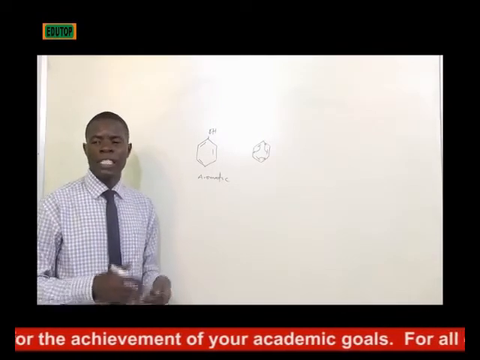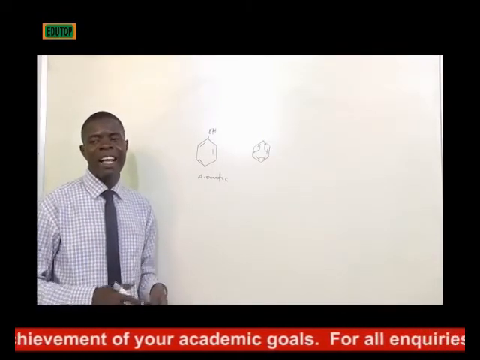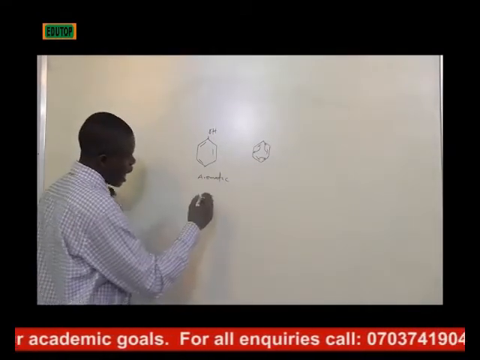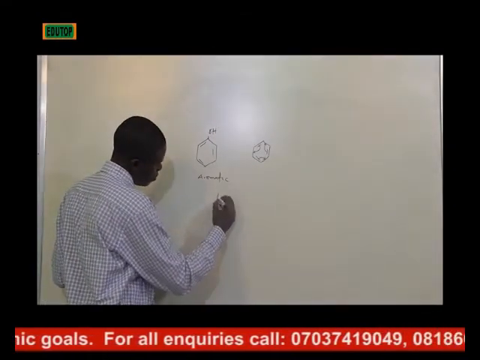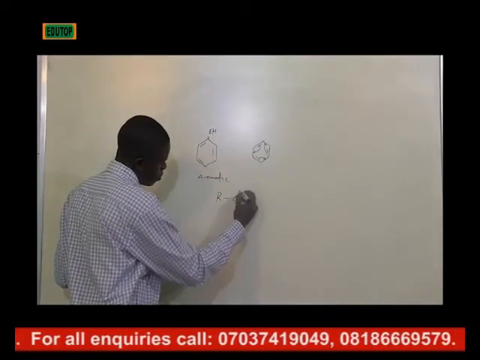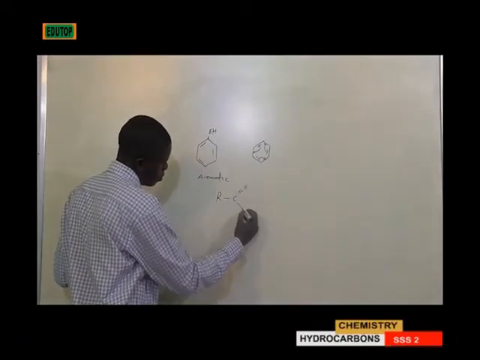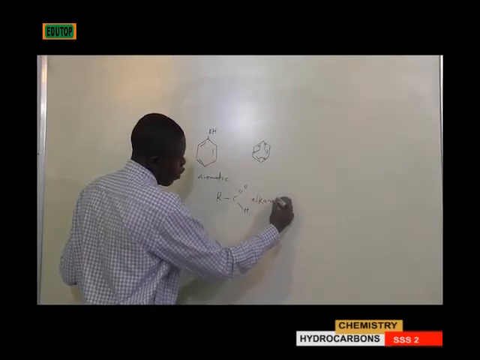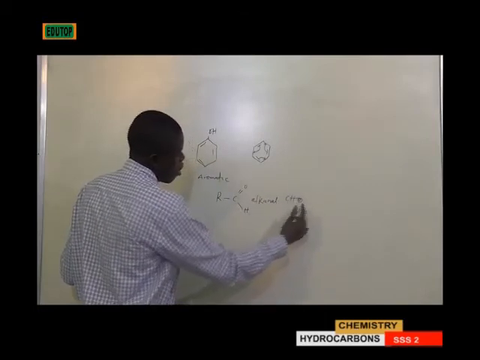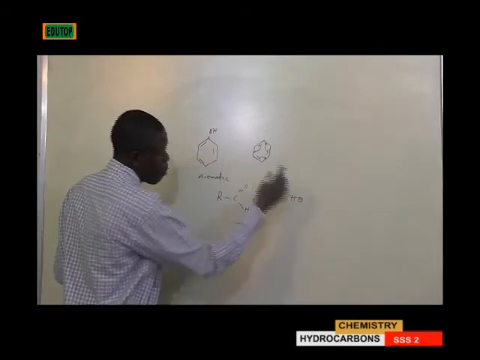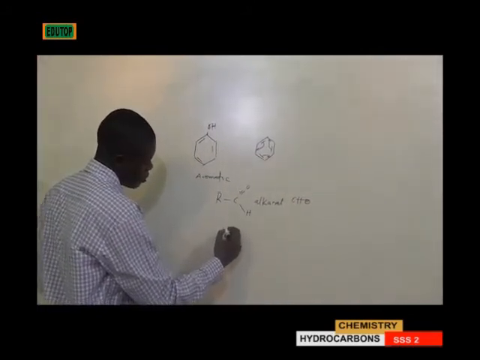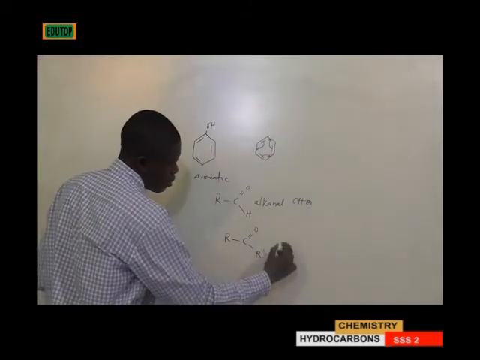Question number 5. Differentiate between an alkanal and an alkanone. This is an alkanal, with the presence of CHO as the functional group. In the case of alkanones, this is an alkanone.